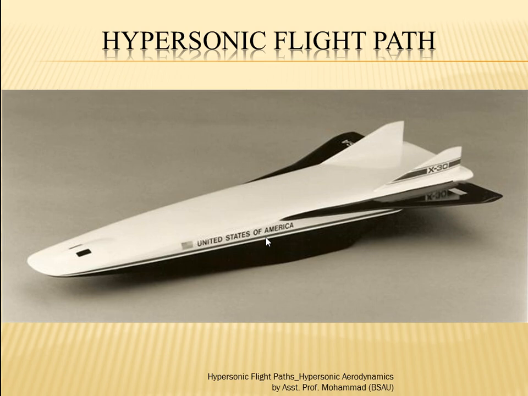It will maintain not a very high angle of attack, but a low angle of attack, where you can get a very high lifting parameter. We already saw W by CL by S, that lifting parameter, and it will be important in controlling the flight path. So this is one of the vehicles which makes a purely lifting re-entry.